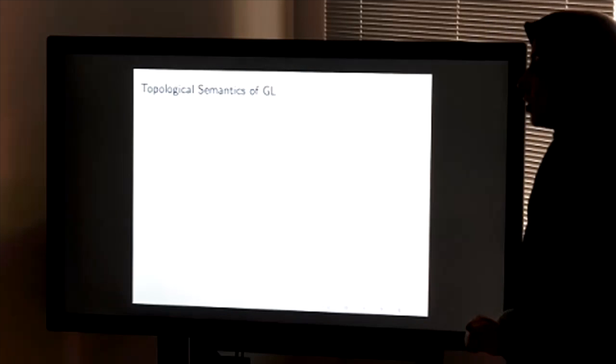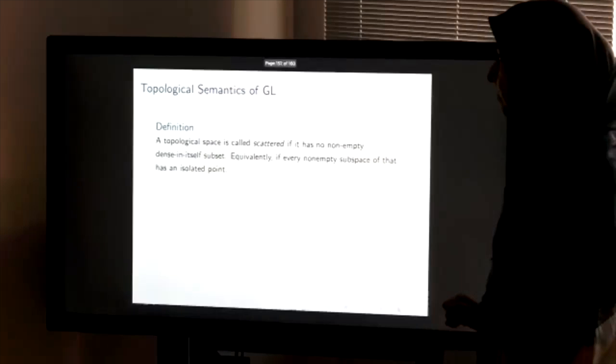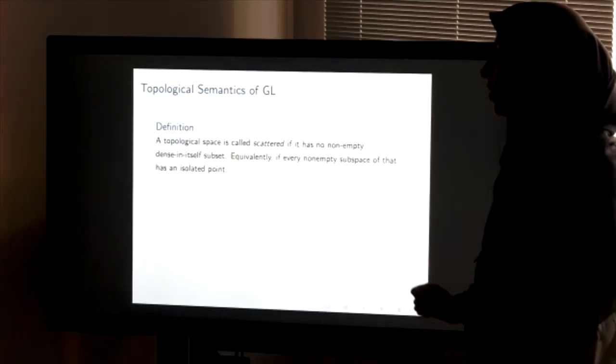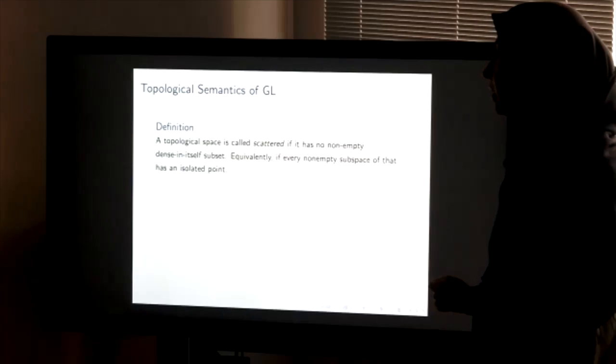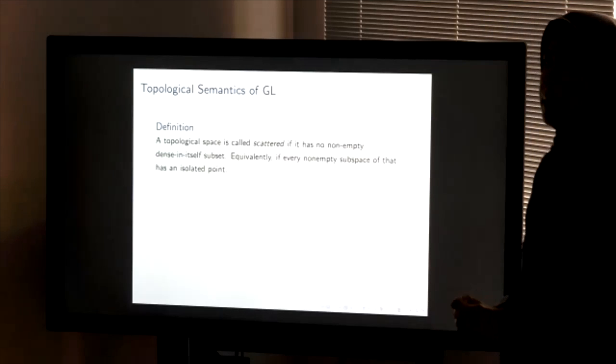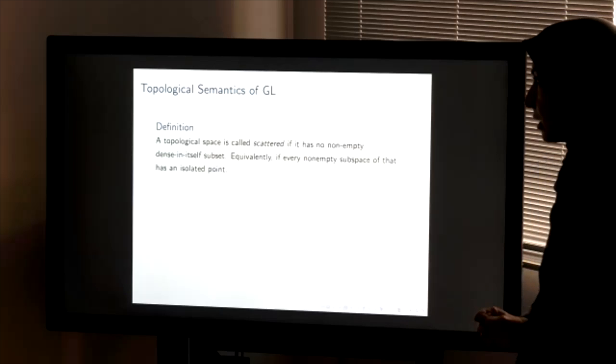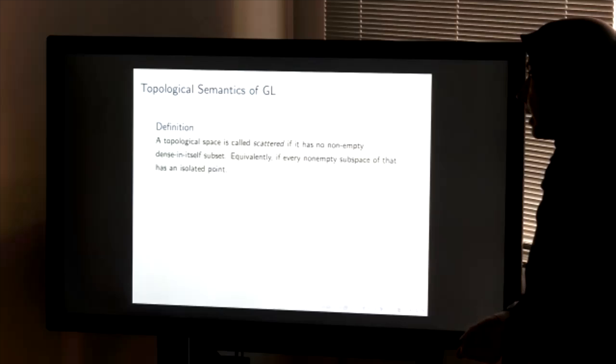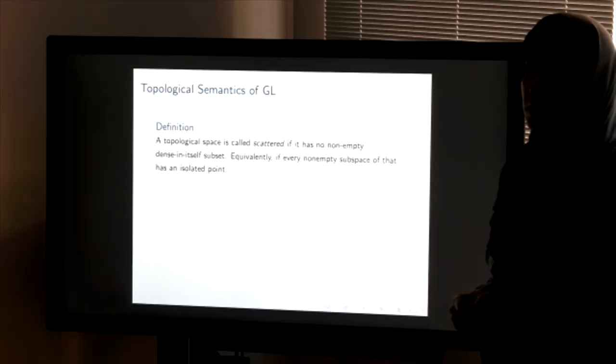Now let's consider the topological semantics of GL. A topological space is called scattered if it has no non-empty dense-in-itself subset, or equivalently, if every non-empty subset of X has an isolated point. So a topological space X is scattered if every non-empty subset of it has at least one isolated point.